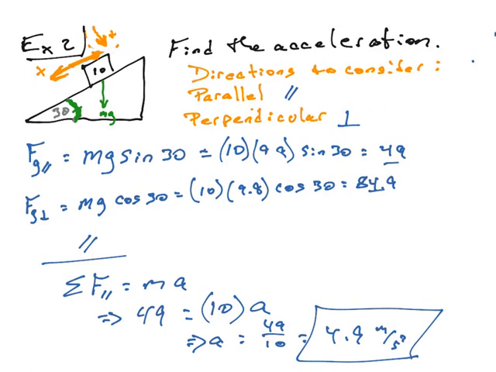The only difference between the two is that instead of looking in the x and y direction, I'm looking at these other two directions, which I personally call parallel and perpendicular. Textbooks, if you look in a textbook or online, may call it x prime and y prime, or x2 and y2, or some other names.